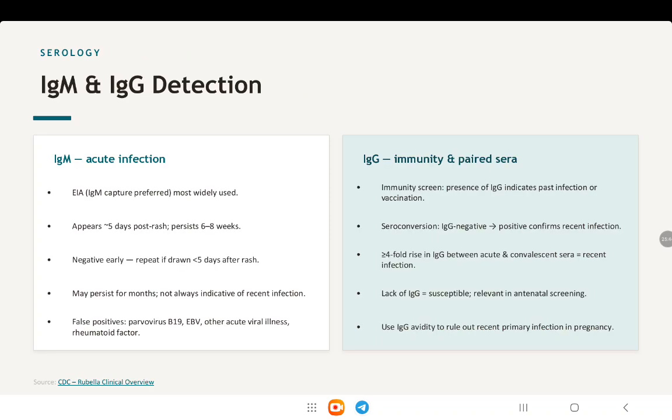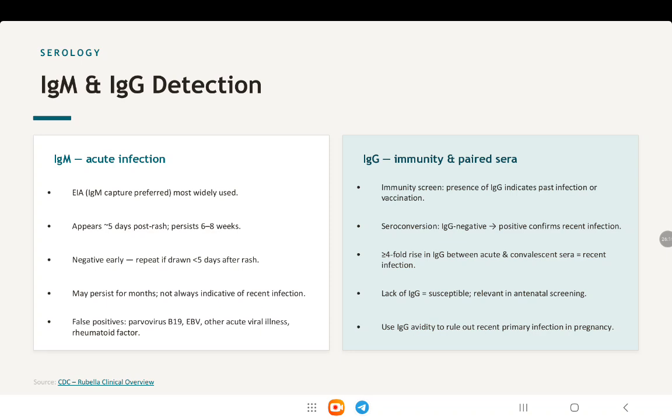Okay, IgM and IgG detection. Serology is the most commonly used test in the laboratory for diagnosis of rubella in different patients. Let's start with IgM. Rubella-specific IgM appears about 5 days after the rash begins. A positive IgM usually suggests a recent infection. If a blood sample is collected too early, the IgM may still be negative, because antibodies have not developed yet.